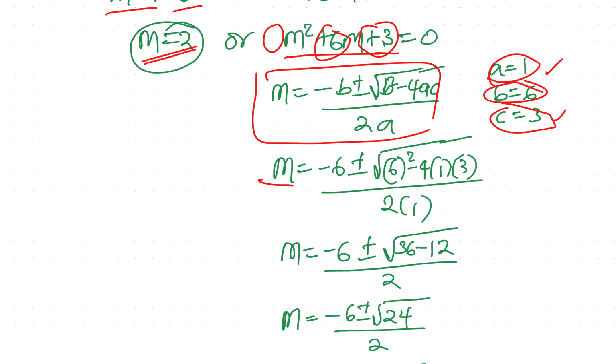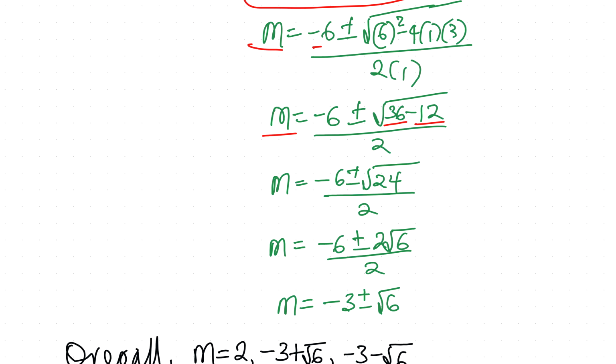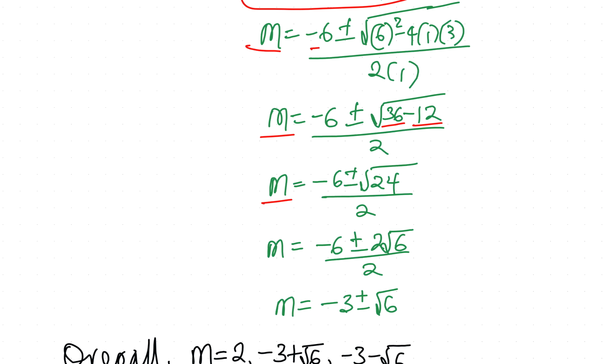Then you have m to be minus 6 plus or minus square root of 6 squared, which is 36, minus 4 times 3, which is 12, divided by 2. So m is minus 6 plus or minus square root of 36 minus 12, which is 24. At this point, you can punch your calculator and get 4 point something, but I want to leave it in short form. Root 24 is the same as square root of 4 times 6.